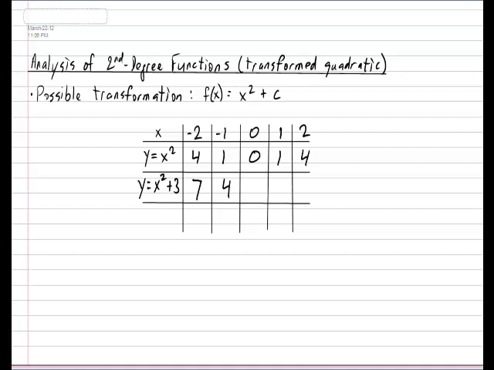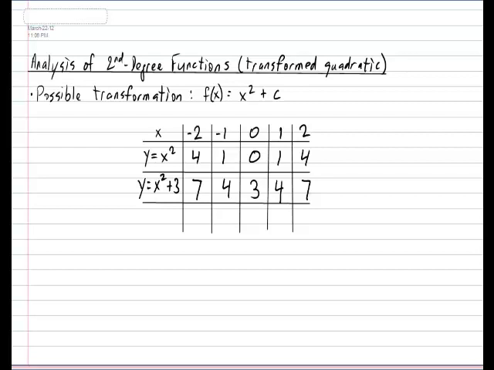Let's keep going. When x is 0, 0 squared is 0, and 0 plus 3 gives 3. Next, when x is 1, y will equal 4. And the last one, when x is 2, 2 squared is 4, and 4 plus 3 is 7. Interesting. If you look at it carefully, you'll notice that all the y values from our basic parabola were increased by plus 3.